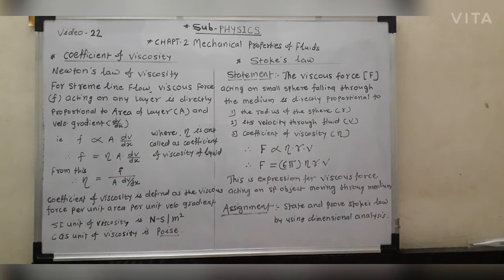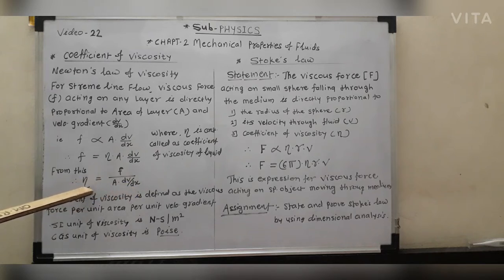From this formula we can also define the coefficient of viscosity. Coefficient of viscosity is defined as the viscous force F per unit area, this is the area of the layer, per unit velocity gradient, because A and dv by dx are in the denominator.